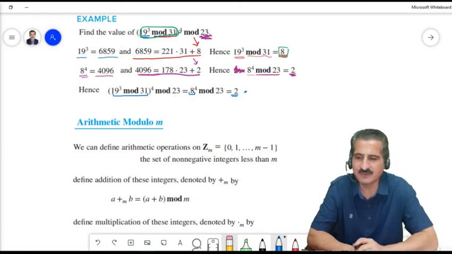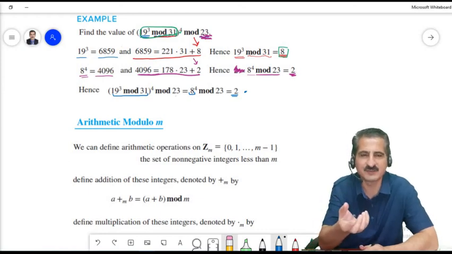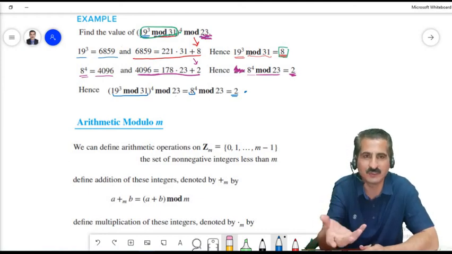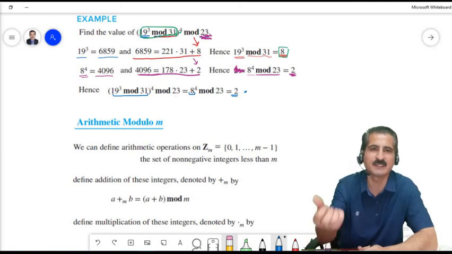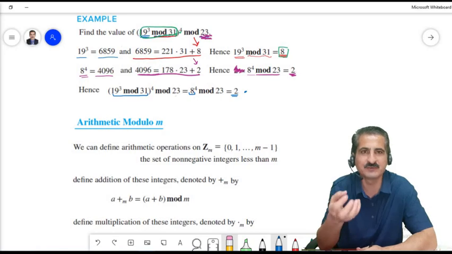So actually here, we used the two theorems we have seen implicitly. Instead of taking 19 times 19 squared, then taking it modulo 31, then multiplying by 19 again and taking modulo 31 again, we multiplied 19 by itself 3 times.